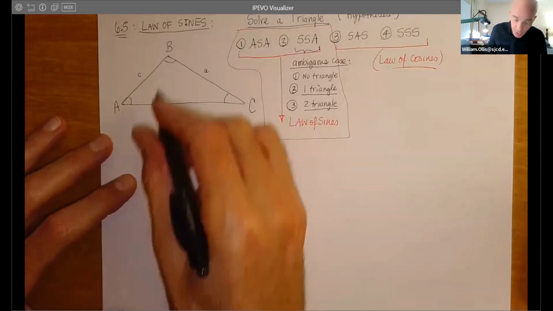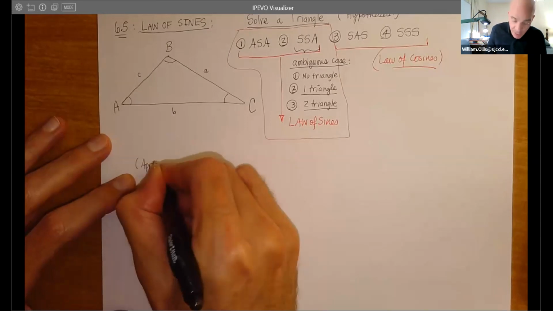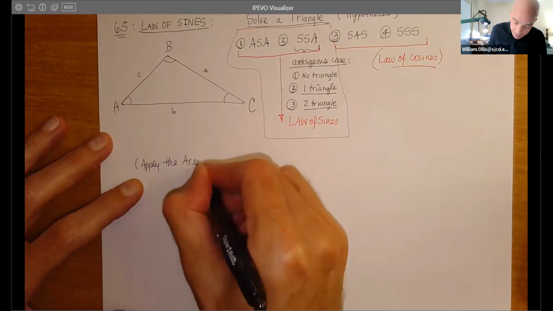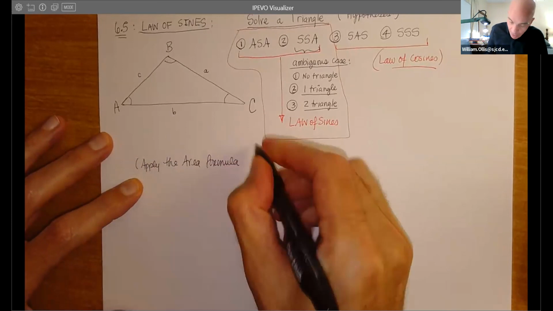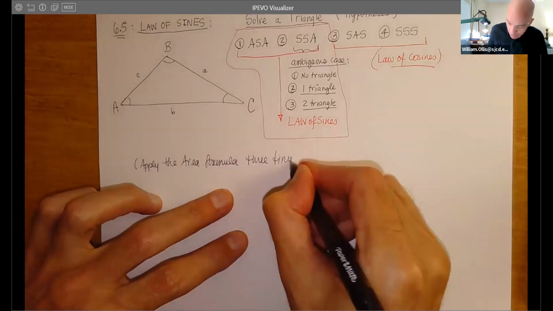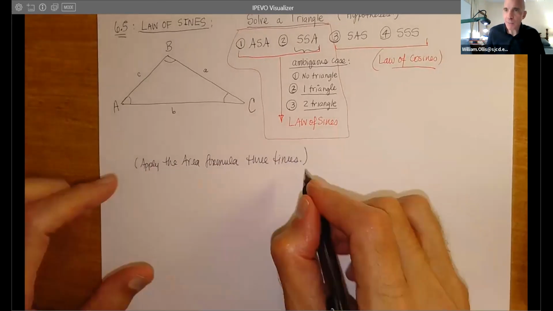So we've got this generic triangle, and what we want to do is apply, in this case, the area formula 3 times. So this is why I think this is an easy proof to remember.